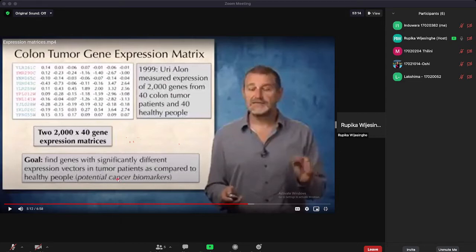That means you will be looking at different sets of genes. A different set of genes will be altered, so by getting the gene expression values, you can tell the type of the cancer.